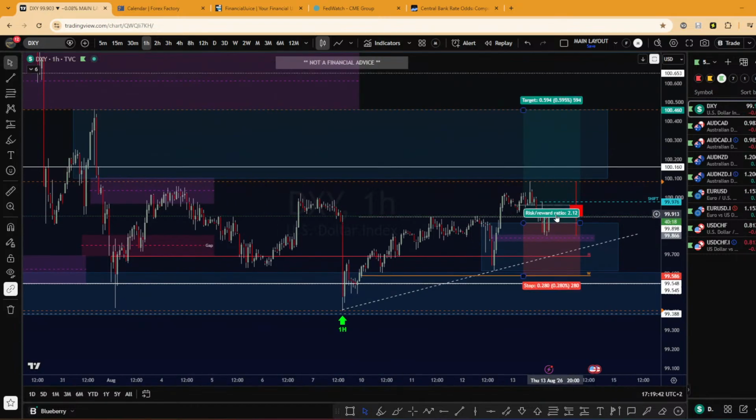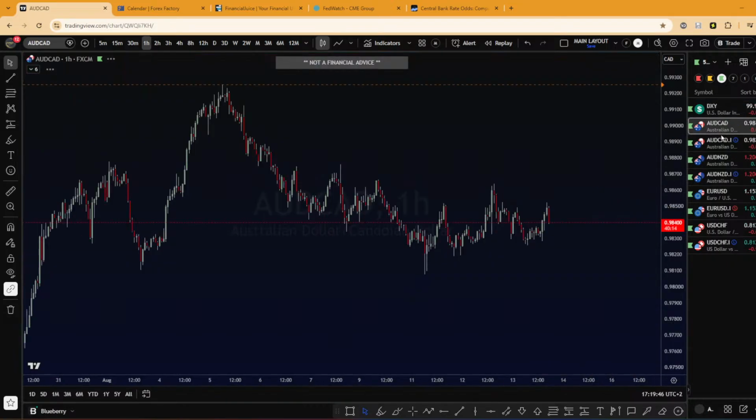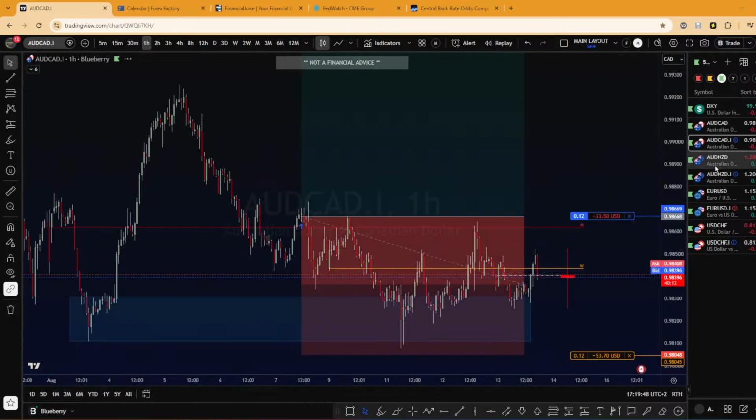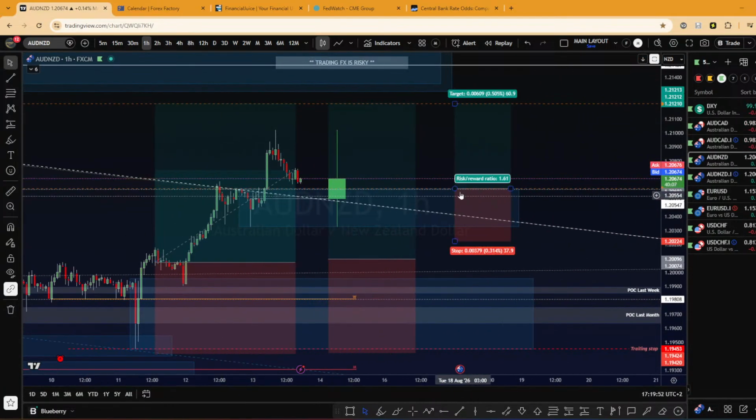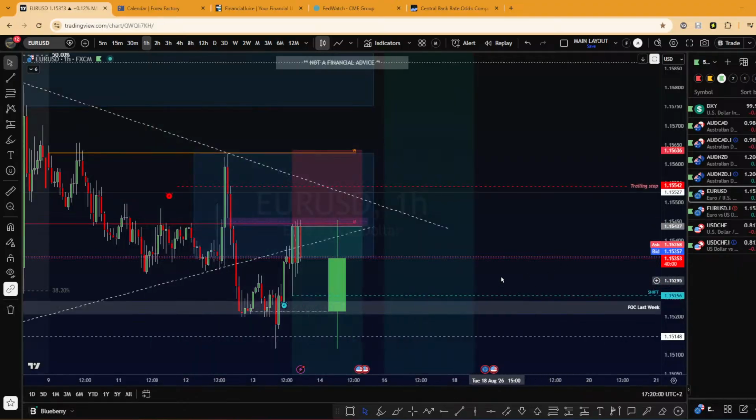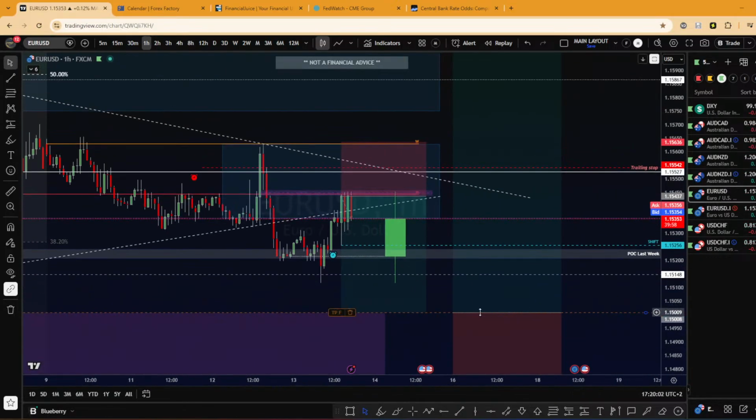And maybe let's see for next week if we could push even higher. USDCAD is the same. Aussie NZD is interesting. I'm just waiting for this to tap here and give some sort of signal. So we will see. Euro dollar is dropping. Okay.